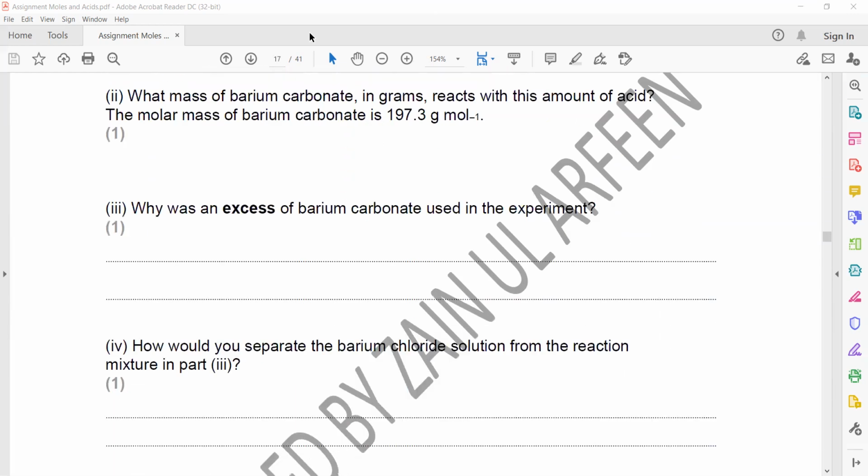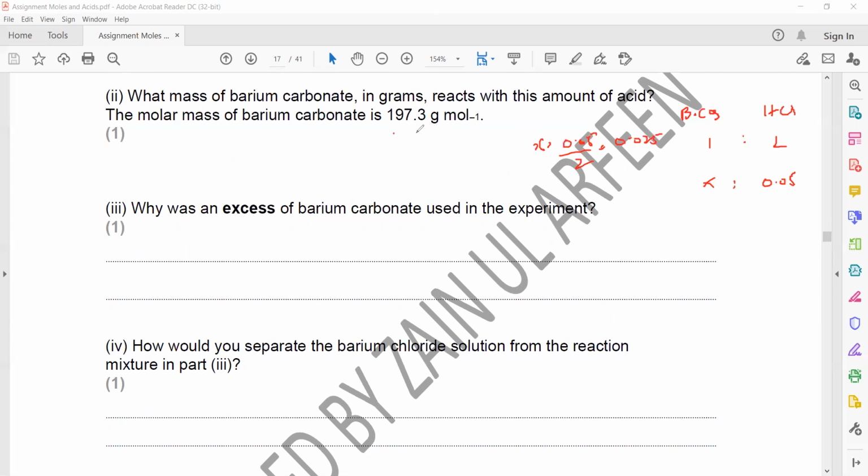First we'll use the ratio. The ratio between barium carbonate and HCl when they react with each other is 1 to 2. So if you have 0.05 moles of HCl, this will be X. The moles will be 0.05 divided by 2, so it will be 0.025.